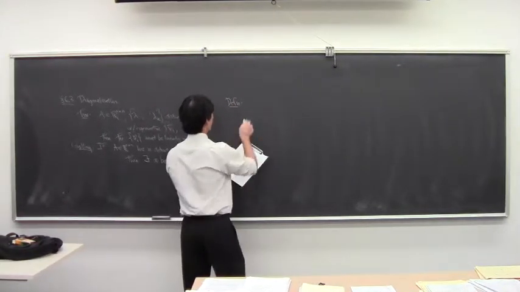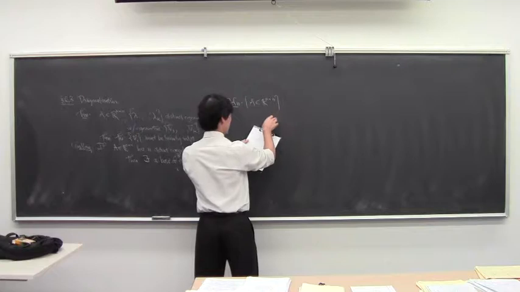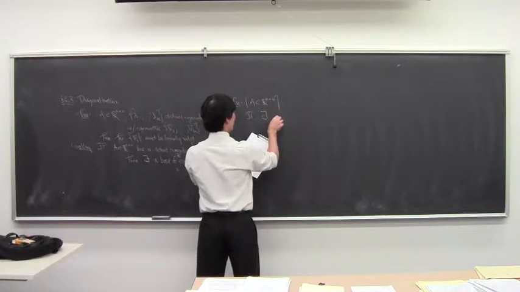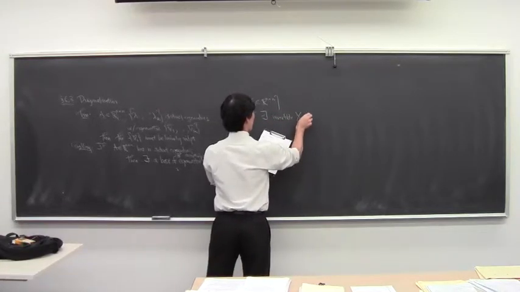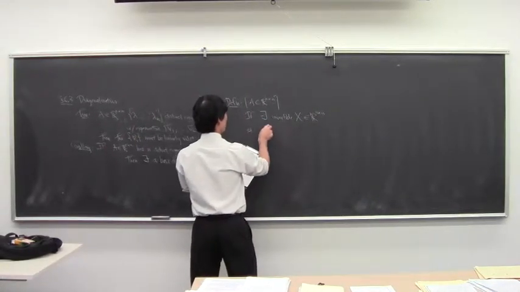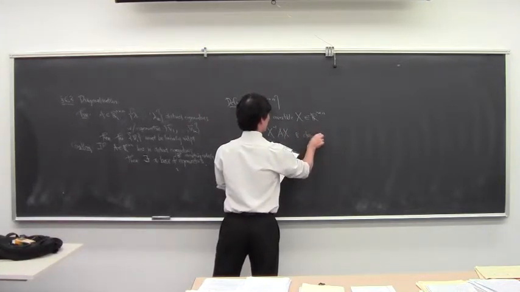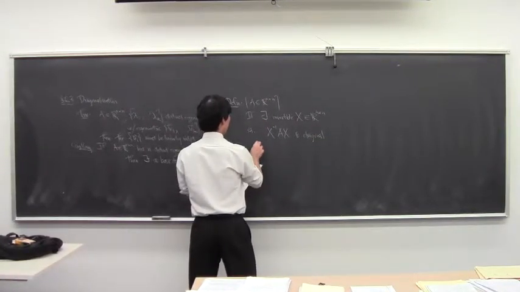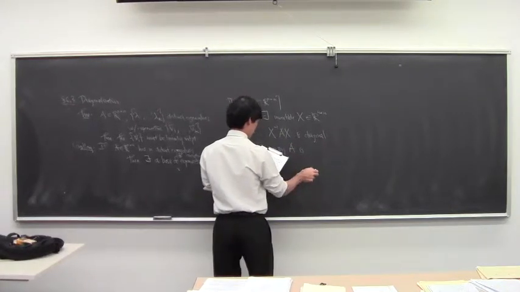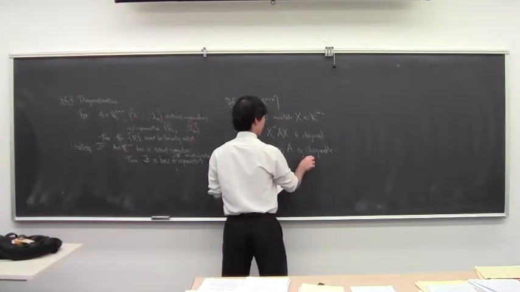Okay. So definition. Again, you have a square matrix. If there exists an invertible X in R n cross n, such that X inverse A X is diagonal, then we say A is diagonable or diagonalizable.